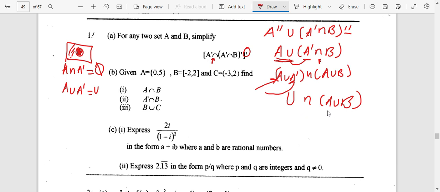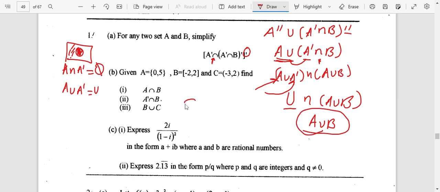And any set intersection the universal set, in other words, where does any set meet the universal set? It is that same set.